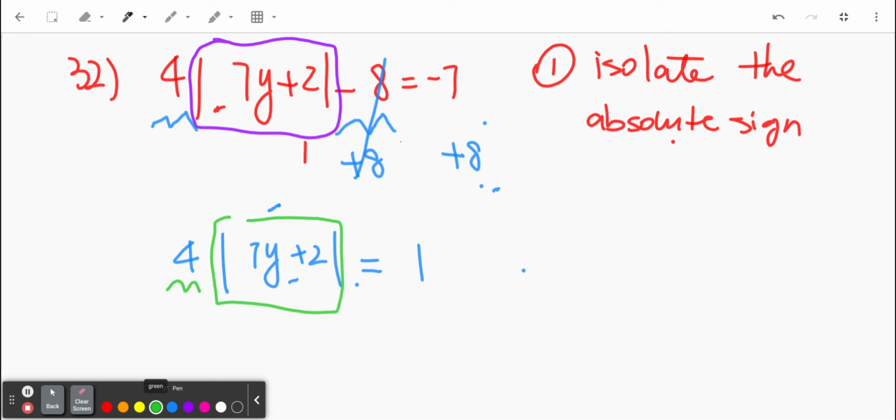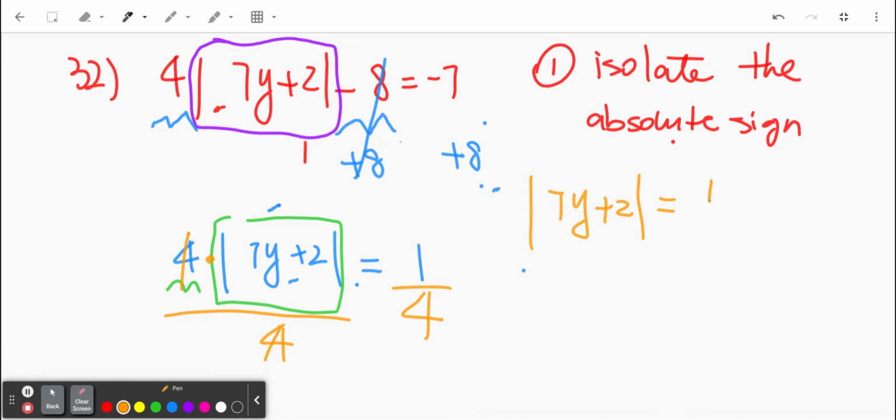So that means 4 is multiplying right here. To get rid of 4, we need to do the opposite. Divide. So the 4 and 4 cancel, right? We have absolute sign 7y plus 2 equal 1/4.